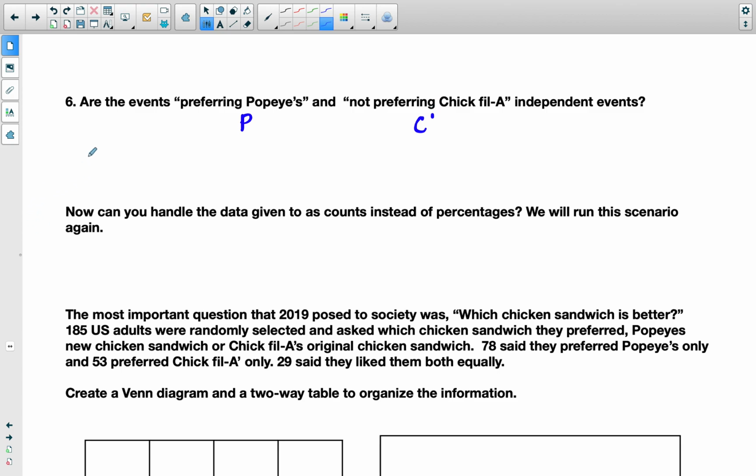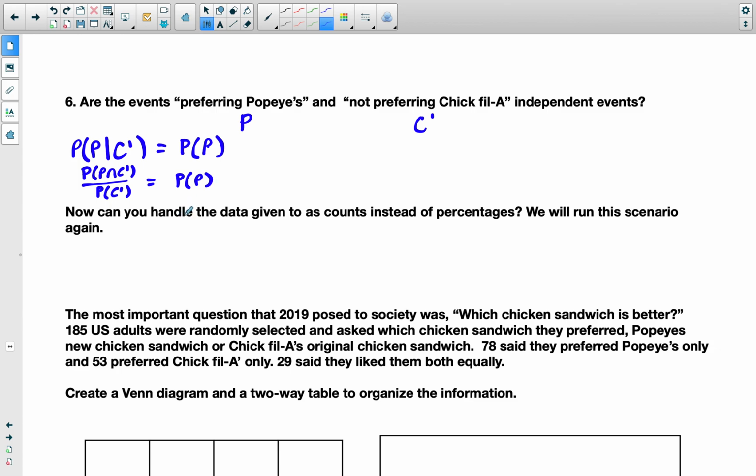If C prime, not preferring Chick-fil-A, does not affect the probability somebody prefers Popeyes, then I can solve this statement here. So if C prime doesn't affect P, then the probability of P should remain the same. So if I find the probability that they both happen, so P and C prime over P of C prime, that should remain equal to the probability of P.